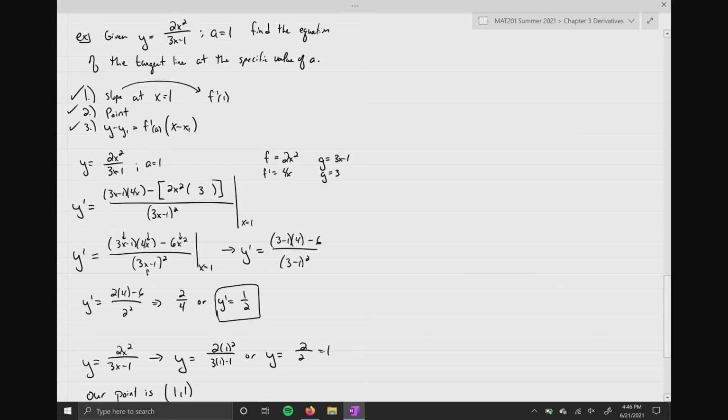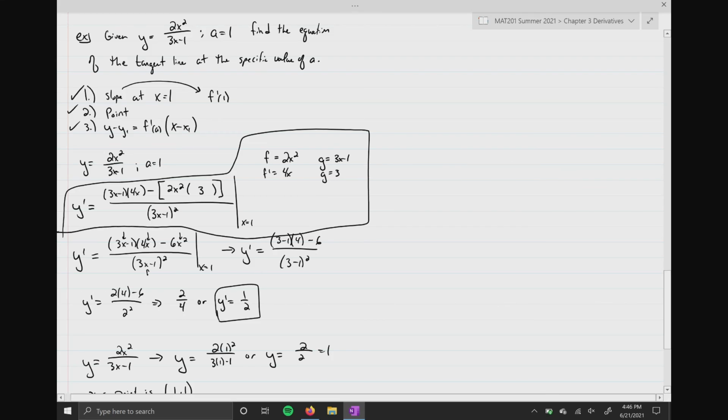My advice, make sure you just take your time and you write everything out, make the substitutions. If you can simplify the easy stuff, go ahead and simplify the easy stuff. If you can't, that's fine. Just evaluate it at whatever value they want you to.